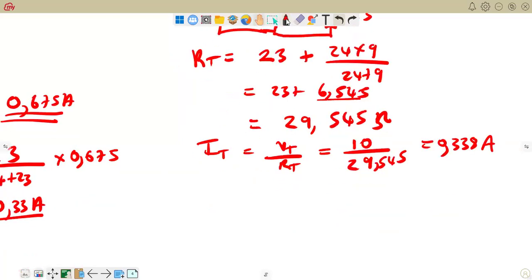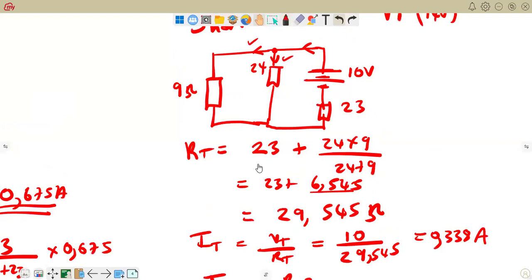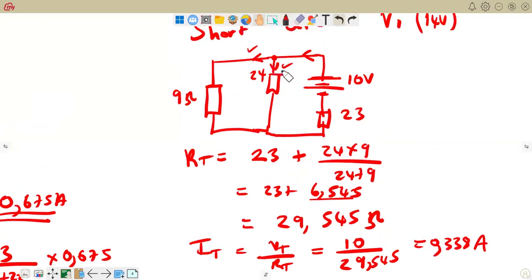So I1 is equal to R2 over... What are we doing? We are saying the current, calling this my I1, current that will flow through the 24 ohm resistor, and calling this one my I2. Remember, we are considering the 10 volt source.